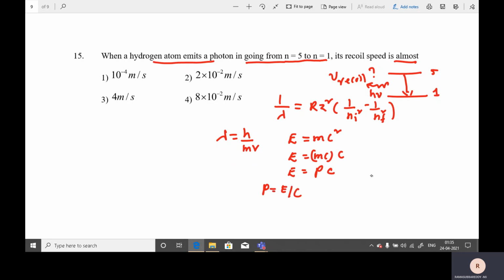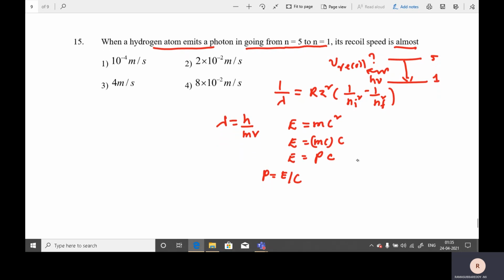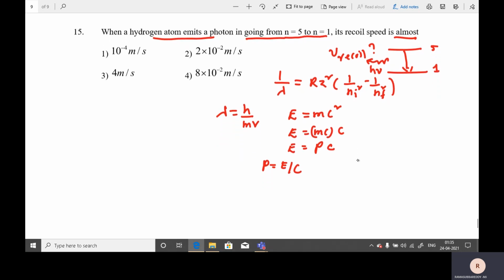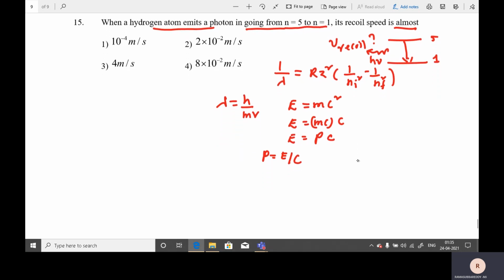This is in electromagnetic waves. When you get the photon relations, you have to remember: generally momentum p is equal to m into v, but for a photon, in relativistic cases, we use E by c in electromagnetic waves.